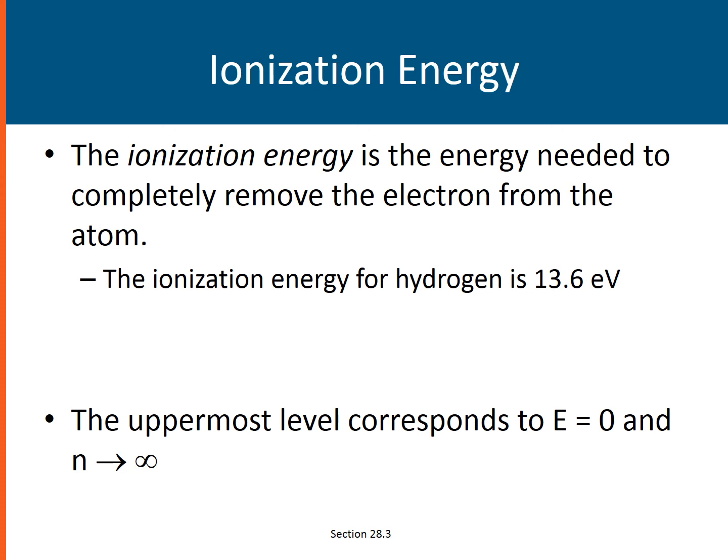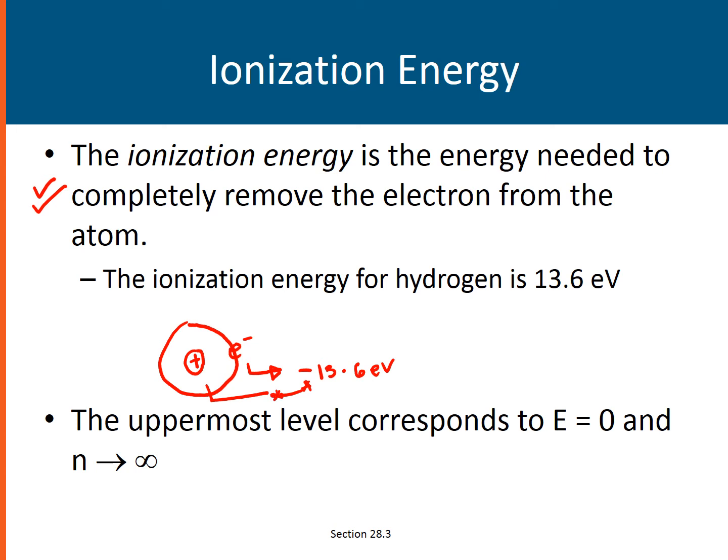Now let's talk about the ionization energy. The ionization energy is just the energy needed to completely remove the electron from the atom. If we're talking about the hydrogen atom having 1 proton and 1 electron orbiting around it on the first energy level, this electron possesses an energy equal to negative 13.6. Again, the negative sign tells us that the electron is attracted to the nucleus.